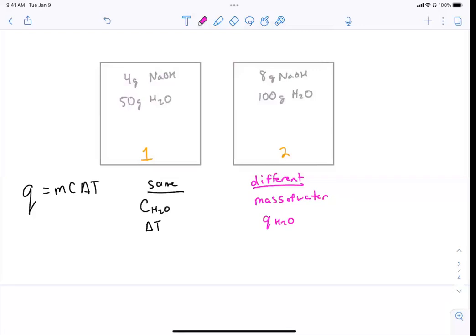So you look at grams of NaOH to get the Q, and then you realize Q is different, but C is the same. But the difference in Q is the same as the difference in the water. So therefore, delta T ends up being the same according to this equation.